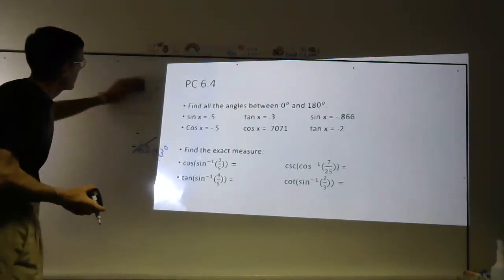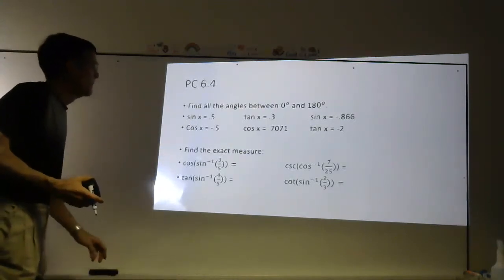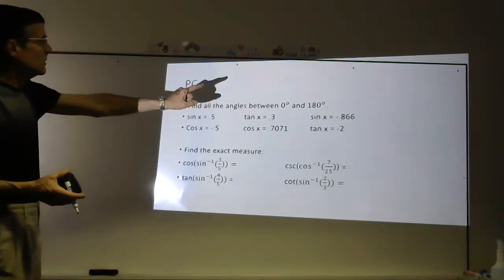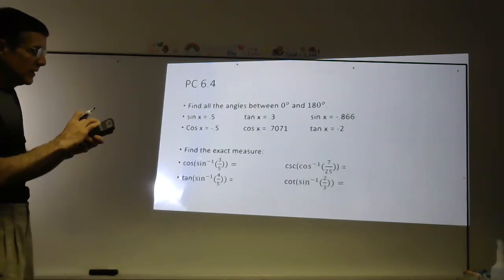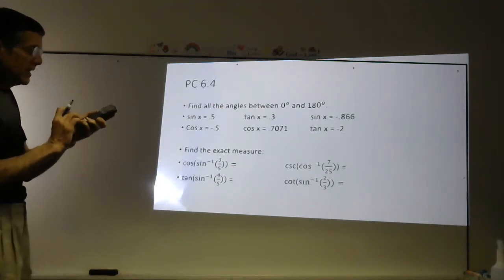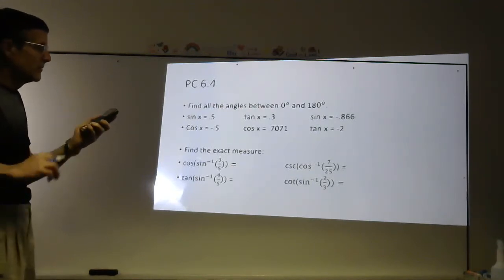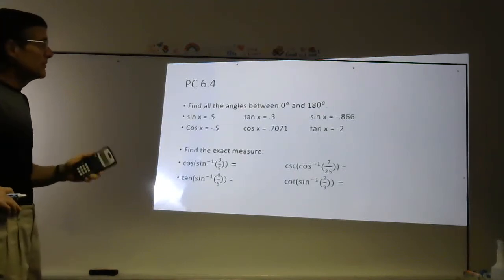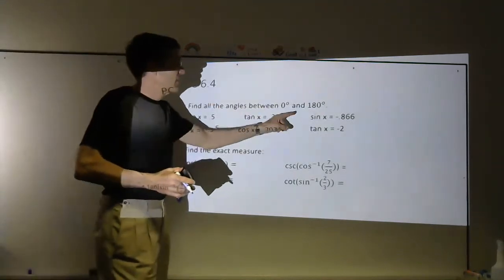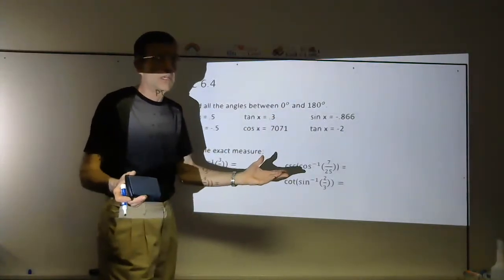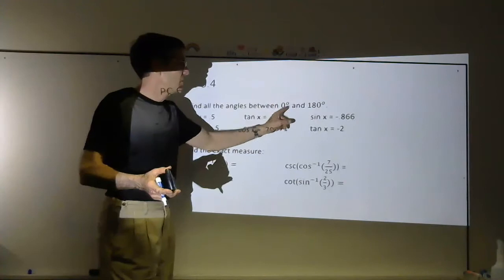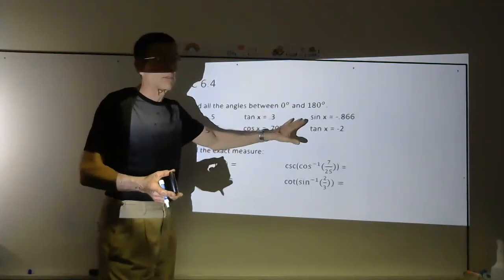Now, I think I messed up on a problem. Let's double check this. When sine x was negative 0.866, we did an inverse sine of negative 0.866. Yeah, and we got negative 60. But negative 60 is not between 0 and 180, and I don't care if you change to 300, it's still the same angle. It's not between 0 and 180, so that answer is no good.